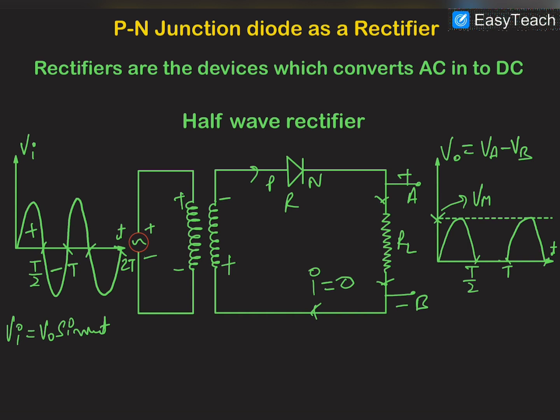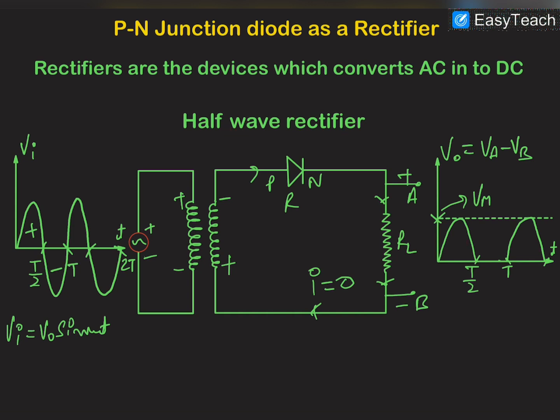Then again the positive half cycle will occur, then again the diode will be in forward bias, then again output will be received. So you can see that the output signal is received only for a half cycle in a complete cycle. So this is called a half wave rectifier.